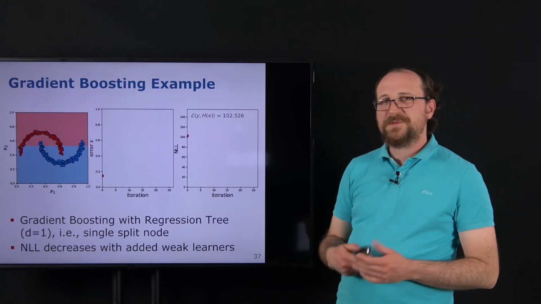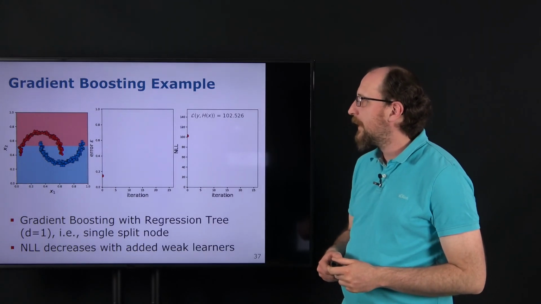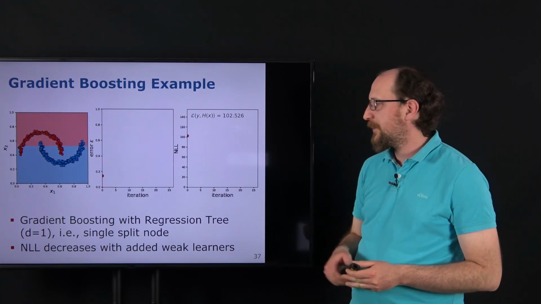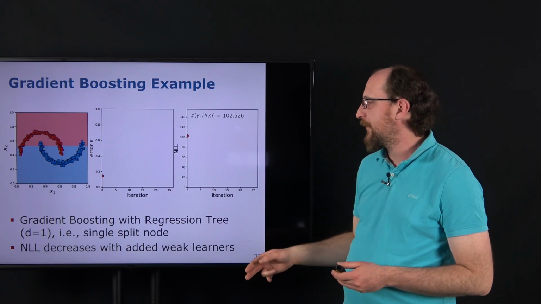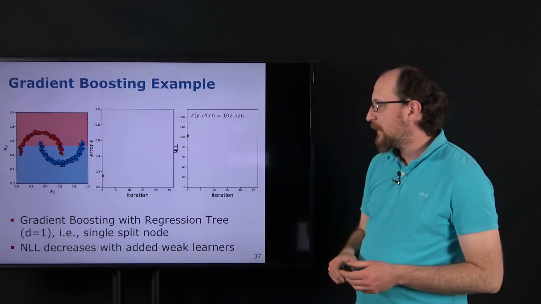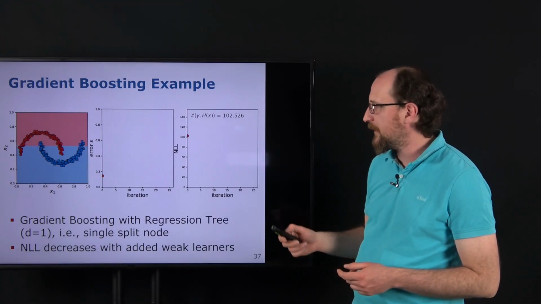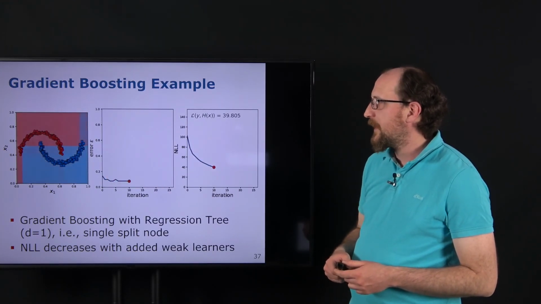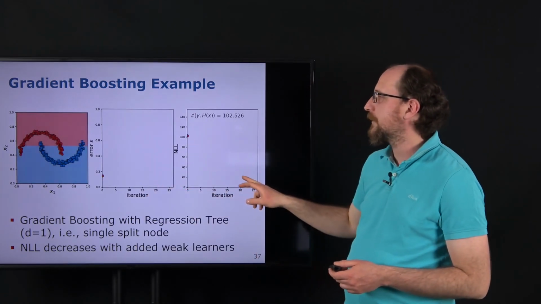To give an example of this, I did exactly the same as with the AdaBoost algorithm. I implemented this and just used a regression tree with a single split node, so the depth of the regression tree is 1. It's the same as before. As you can see, over time the error is decreasing, but also the negative log likelihood.